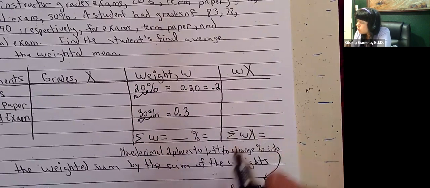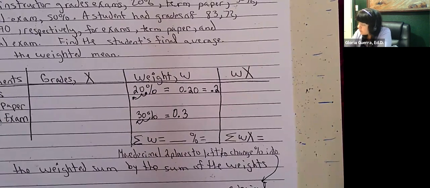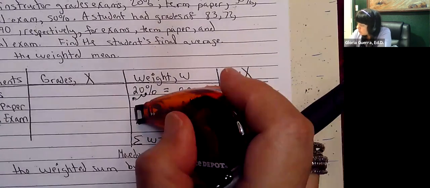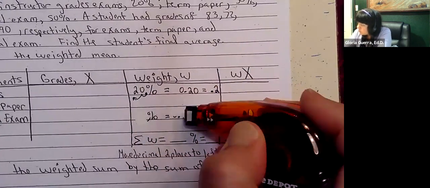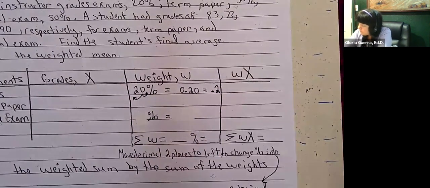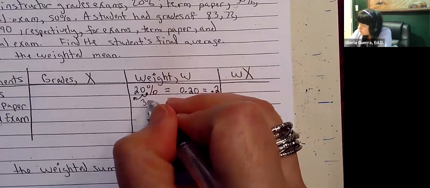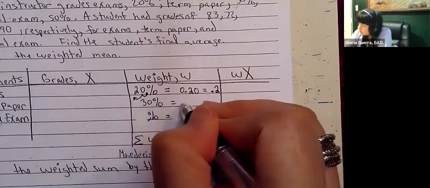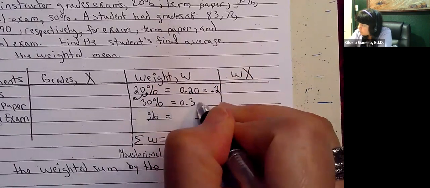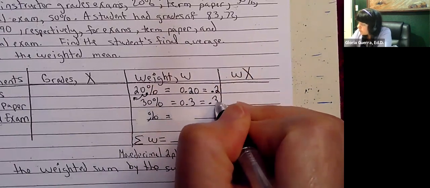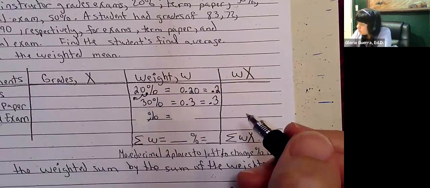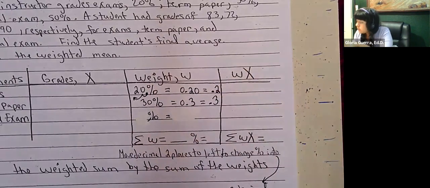Well, I think that was a term paper. So an instructor grades exams at 20%. Oh, the term paper, sorry. The term paper is 30%. And then the final was 50%.